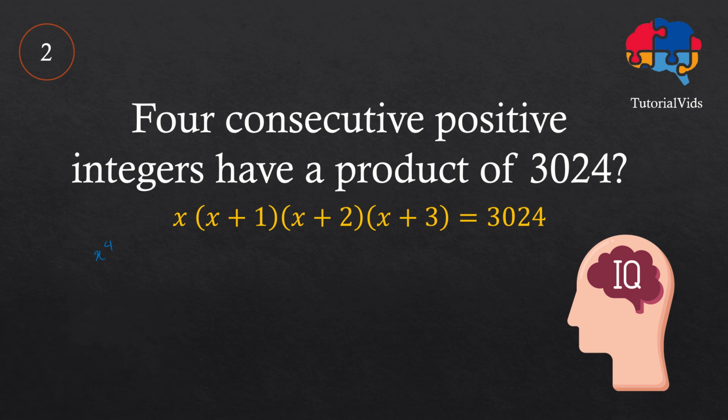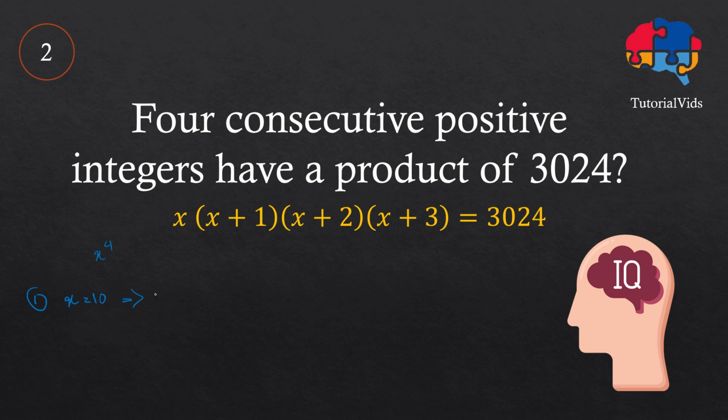Okay, now it's time to replace x with a number. Here you need to guess, and it's better to use your intelligence to come up with a good guess. We can start with, for example, 10. So, okay, let's start with x equals 10.